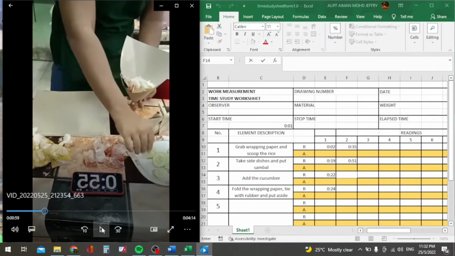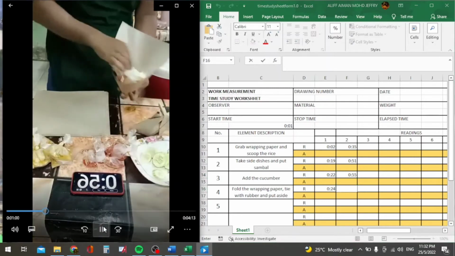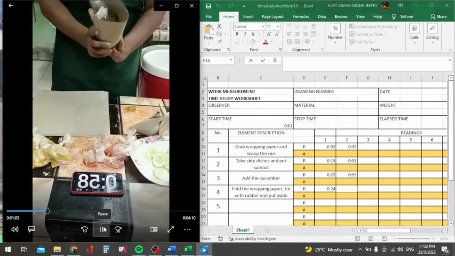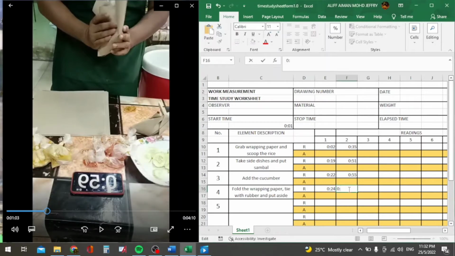Okay, for the third one it is 0.55. And the last one is 0.58.